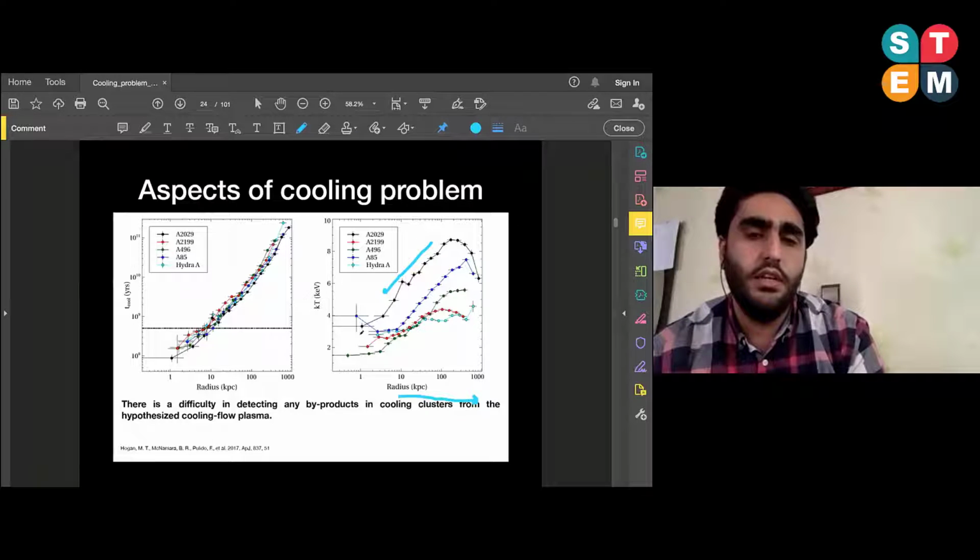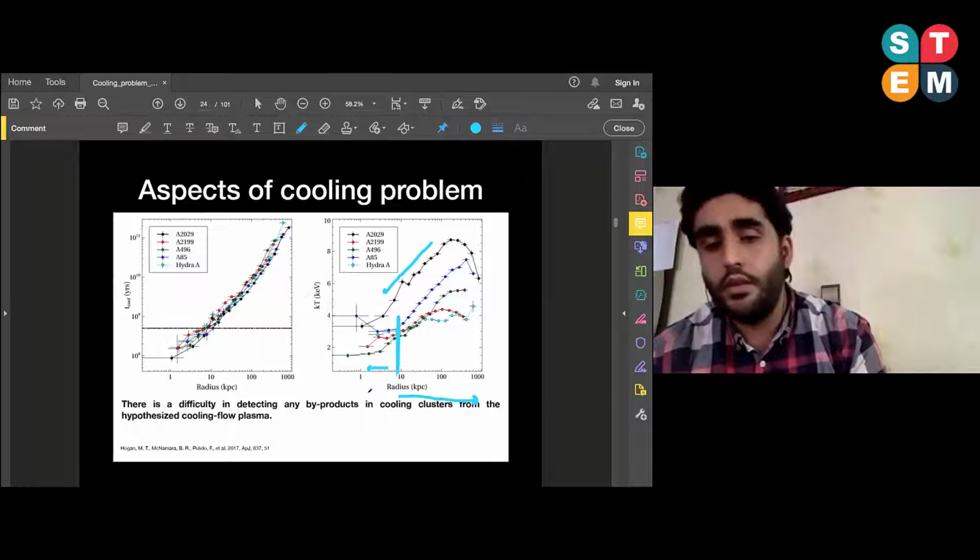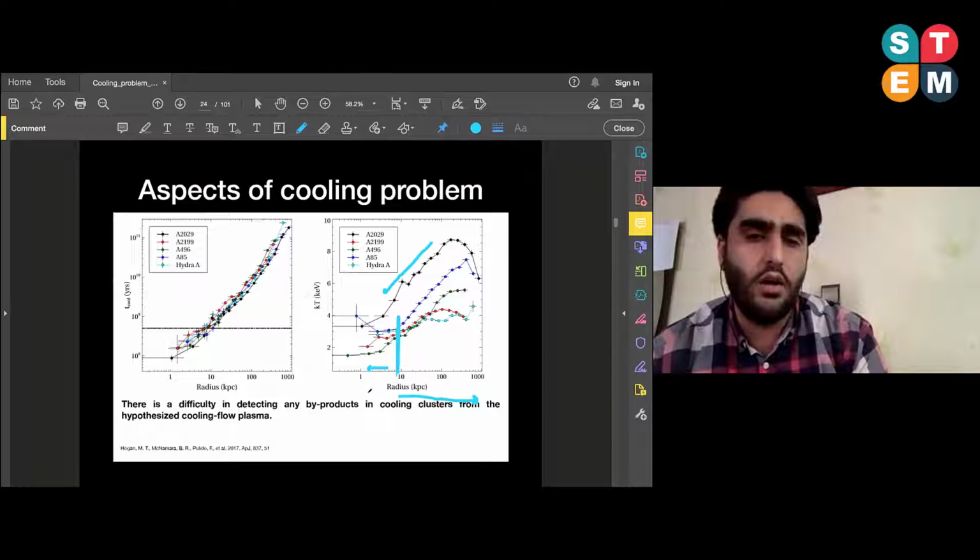The temperature decreases more and more, but below a specific radius, from around 10 kiloparsec to the center, the temperature tends to become quite flat and doesn't decrease dramatically, which is completely against our expectation.